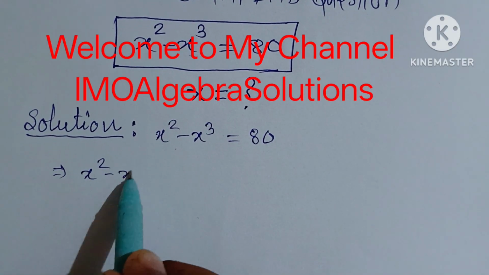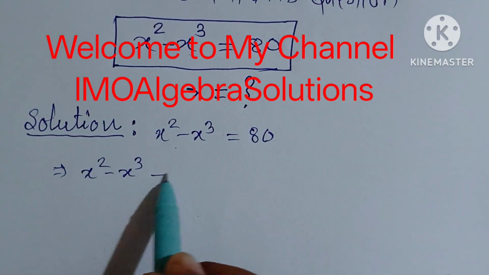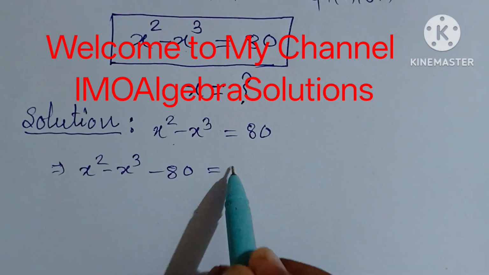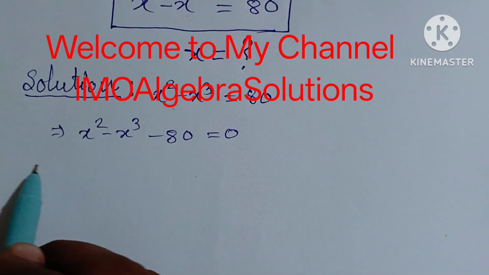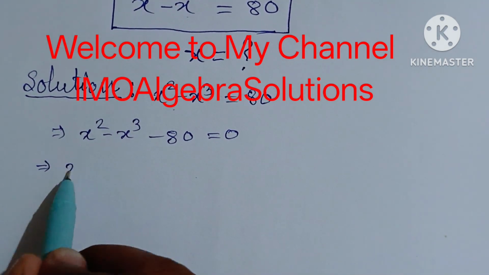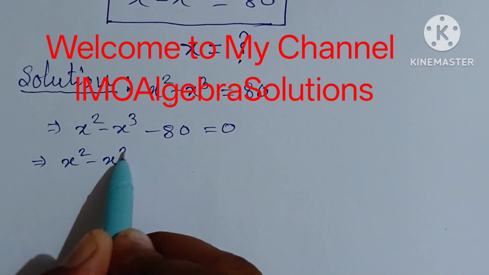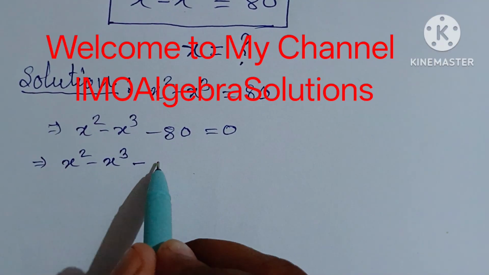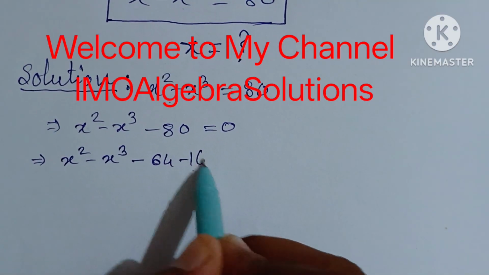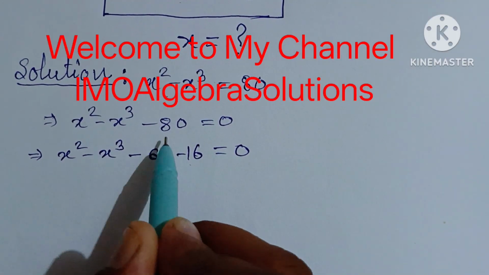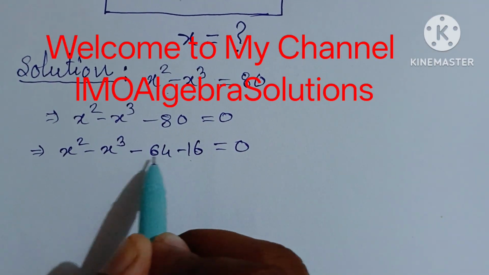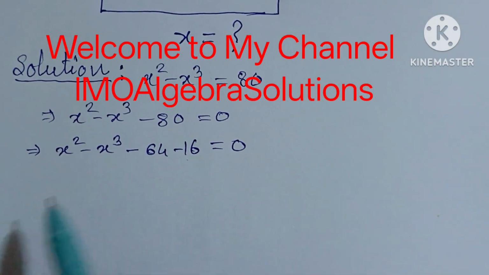x square minus x cube minus 80 is equal to 0. Now see here how we can write 80. x square minus x cube minus 64 minus 16 is equal to 0, because if we add 64 and 16 we get 80. So in this way we have to write 80.